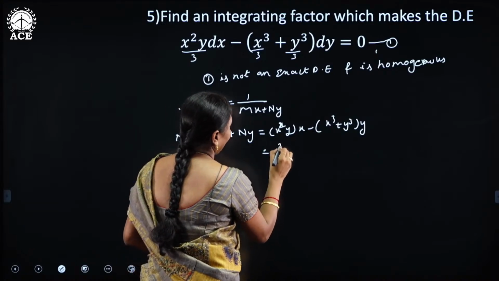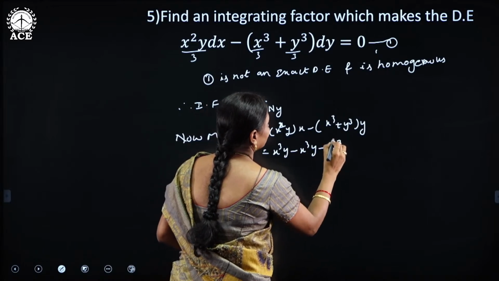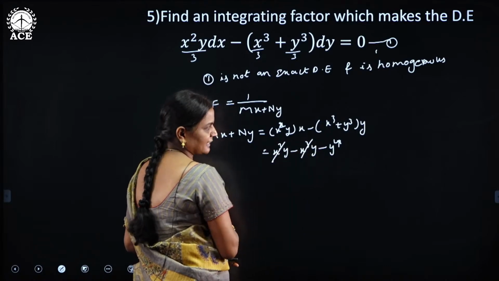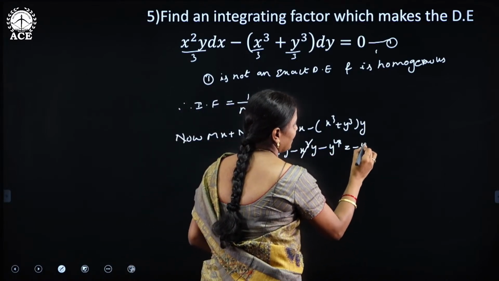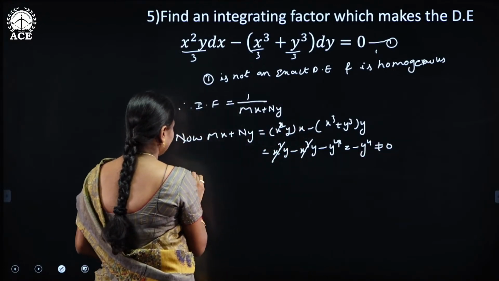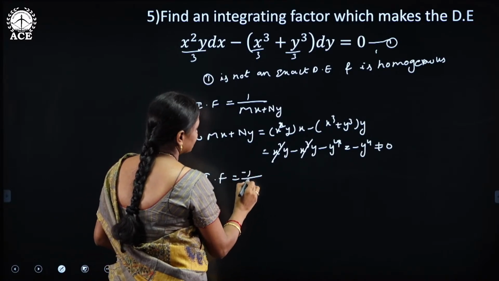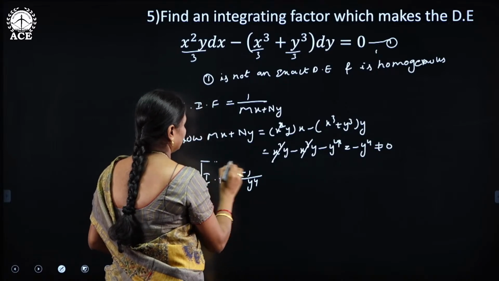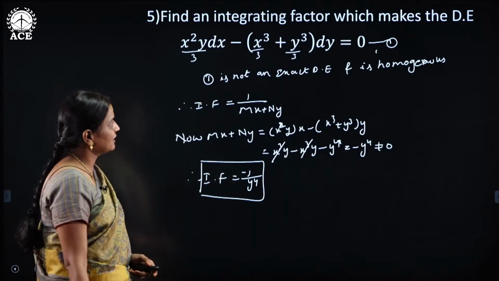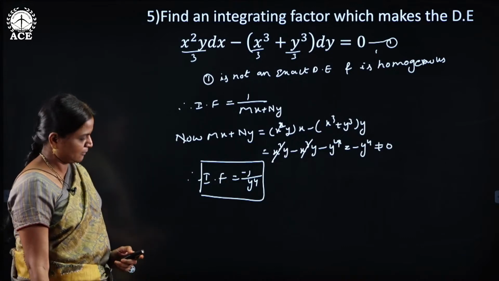So this is equal to x cube y minus x cube y minus y power 4, y cube into y power 4, plus x cube y minus x cube y get cancelled. What is the remaining term? Minus y power 4, which is not equal to 0. So what is the integrating factor? The integrating factor is 1 by minus y power 4, that is minus 1 by y power 4, for the given differential equation. This is the procedure for short answer questions. Here no need to check the condition for exactness.